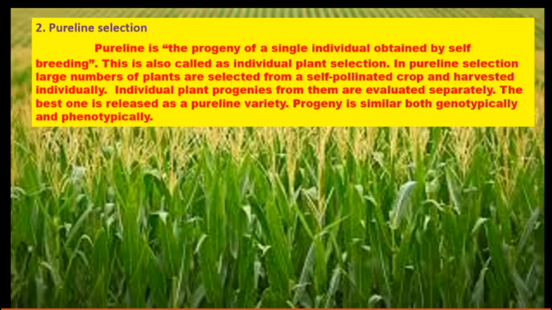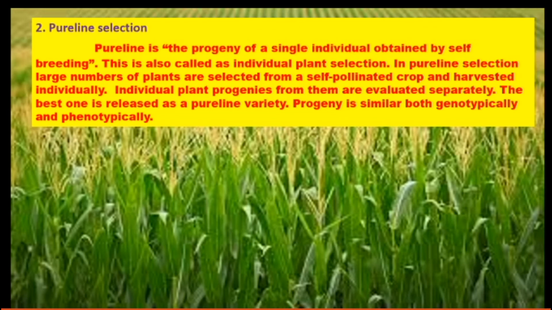The progeny is similar both genetically, or genotypically, and phenotypically. We know that the genotype is the gene which is responsible for the phenotype. What is the phenotype? The external appearance: how the plant produces the crop, how the plant looks, whether the plant is short or tall, how the fruits taste.